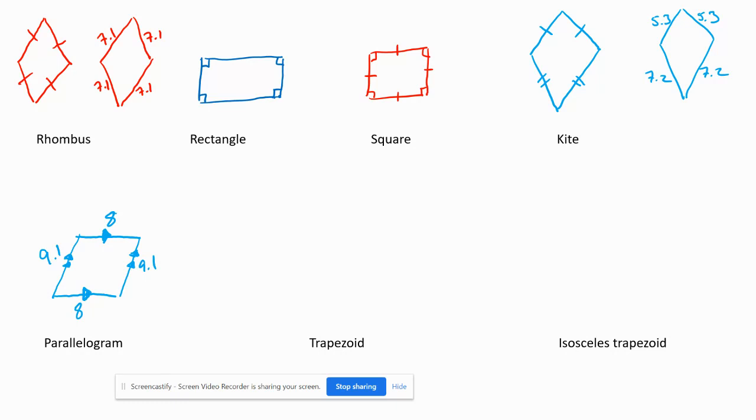This is the interesting part of a parallelogram. Now, a trapezoid: the top and the bottom side are going to be parallel, but the sides are not. So only the top and the bottom are parallel. I'm going to indicate with arrows: top and bottom are parallel.